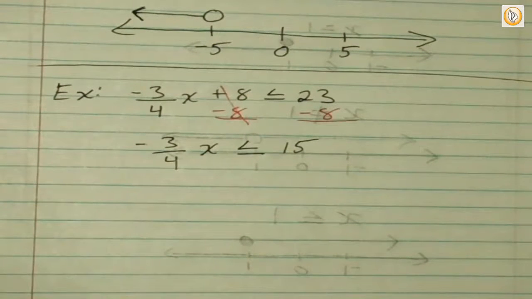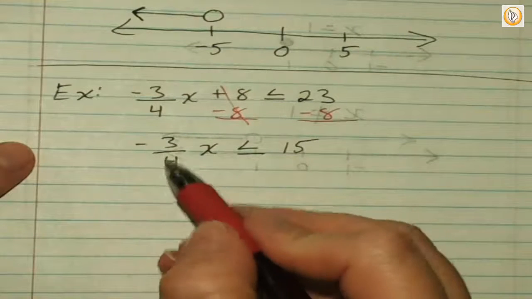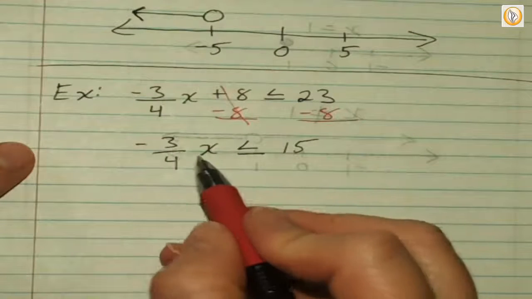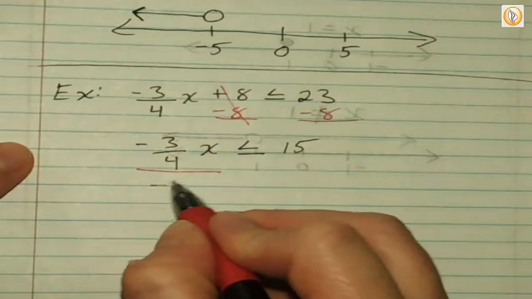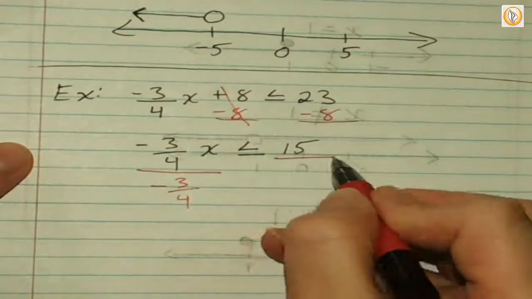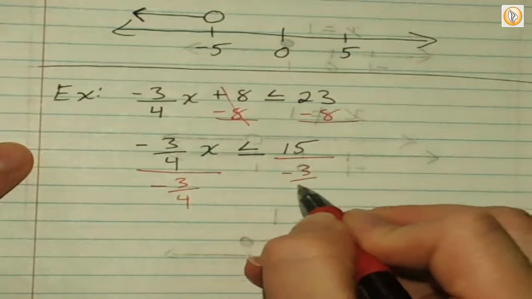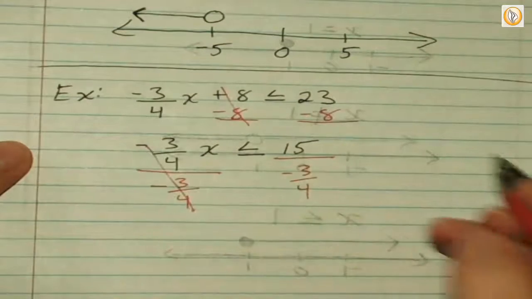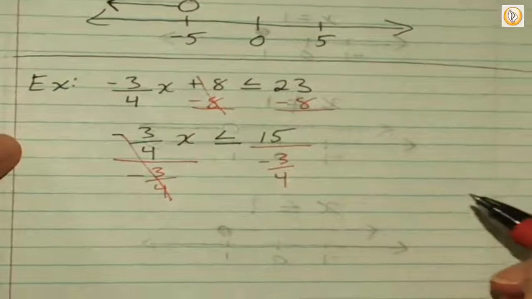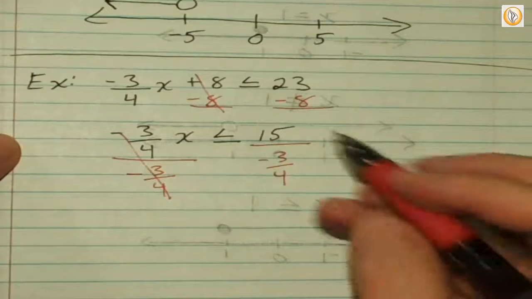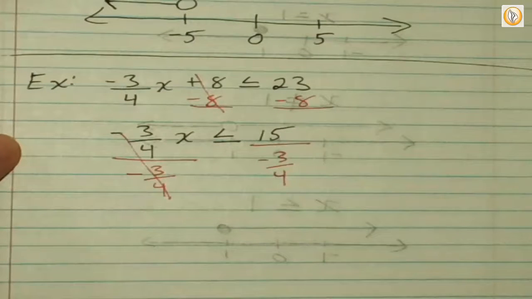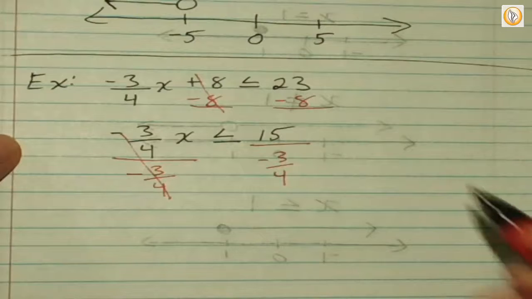Divide by -3/4. Divide both sides by negative. That's right, because even though this is a fraction, it's being multiplied with the x. So the opposite is dividing both sides by -3/4. Now, here's a big mistake that both of my classes make. I need y'all to look up here first. All of you look up here.